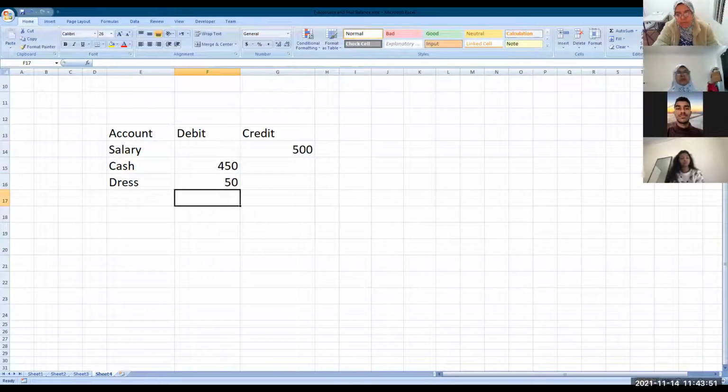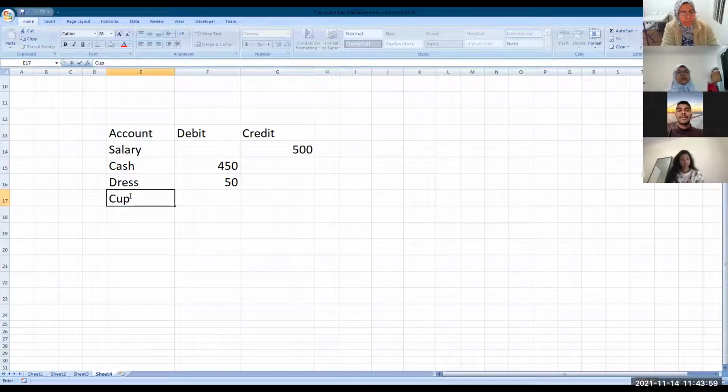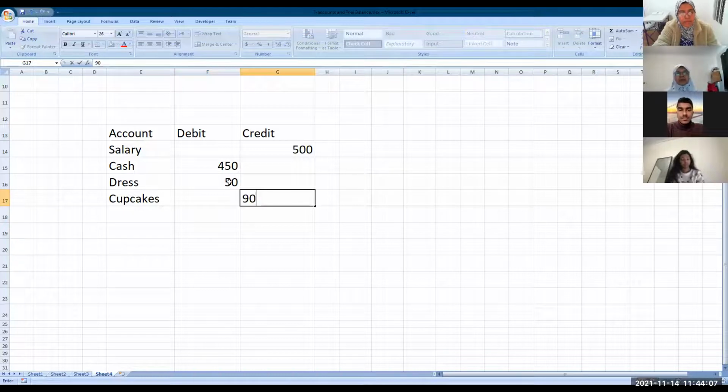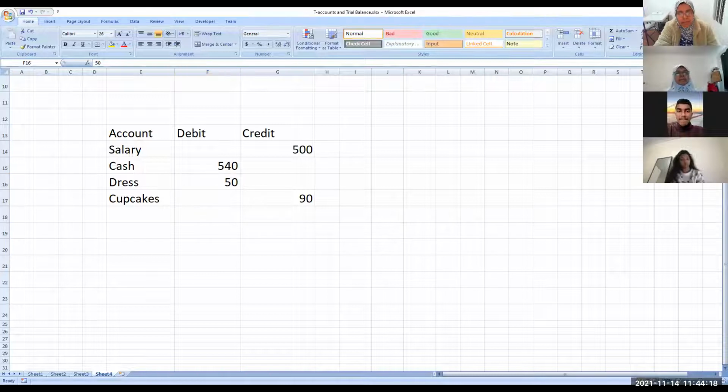Then we did 3 cupcakes for $90 in cash. So cupcakes is $90, and we are selling cupcakes, and we are receiving $90 cash, right? So we will add $90 here. And then we have the credit card loan.